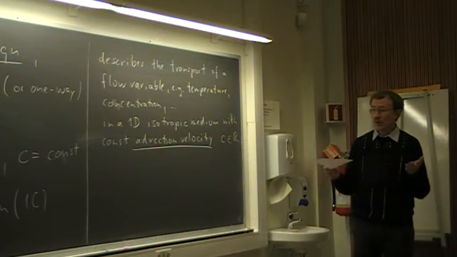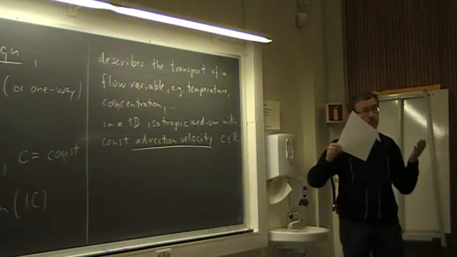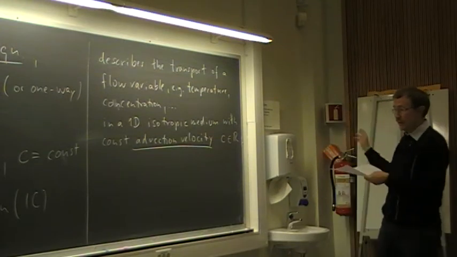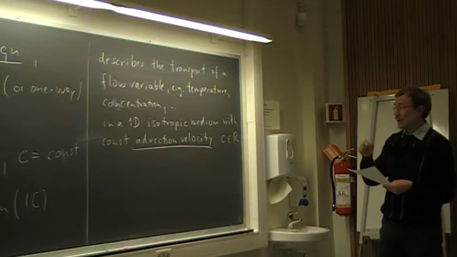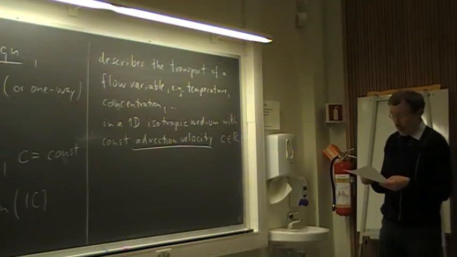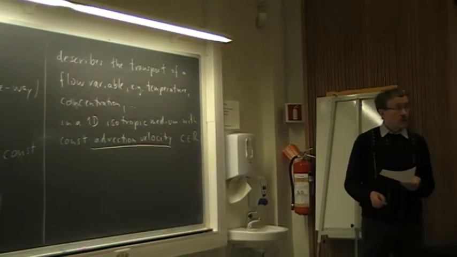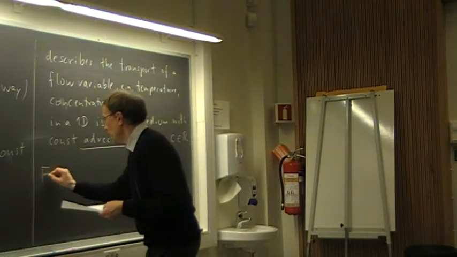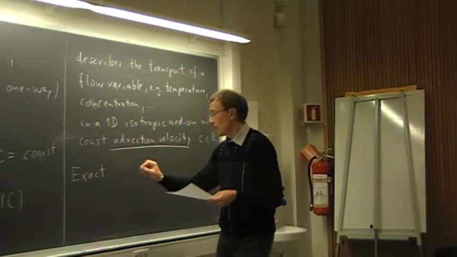We have some given initial condition, and that is then just moved with a constant velocity, either to the right when it's positive, or to the left if it's negative. We'll see examples in a minute. The interesting thing with that is we have an exact solution, which is quite simple. And we'll use that when we test the numerical methods.